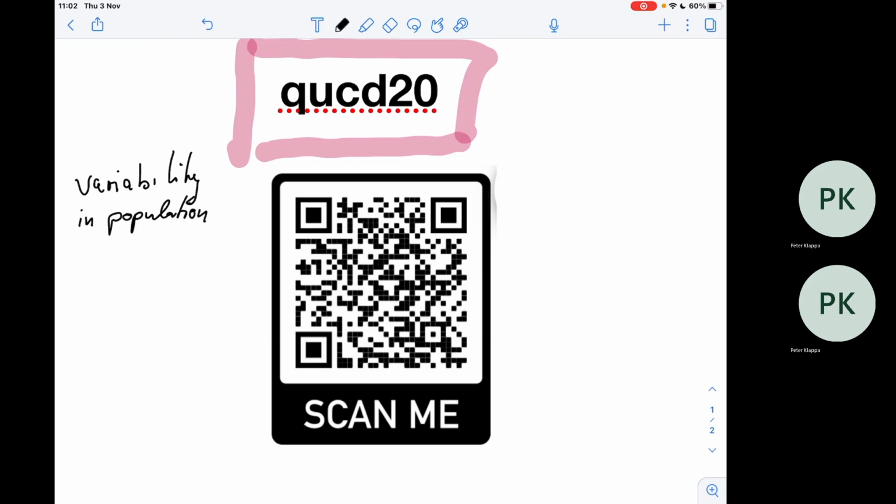And as a reminder, why do we want to use confidence intervals? Well, if we take a sample and we want to make an inference on the population, it doesn't really make a lot of sense to give just a simple point estimate.